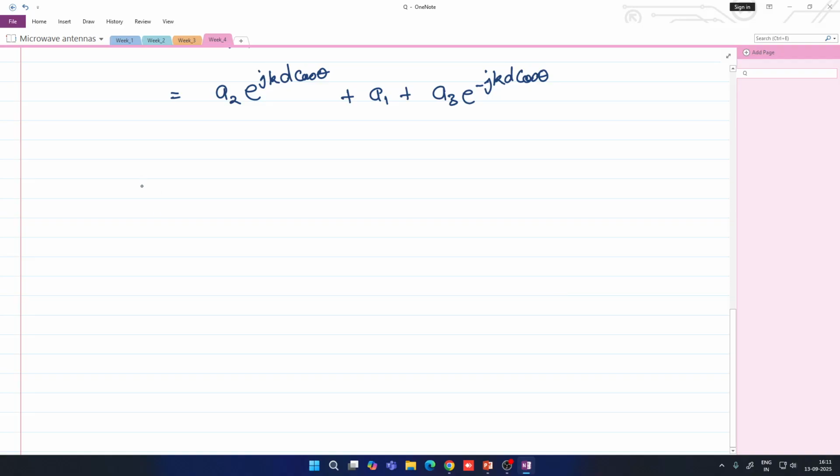Now we substitute kd as pi, because k is 2 pi by lambda.